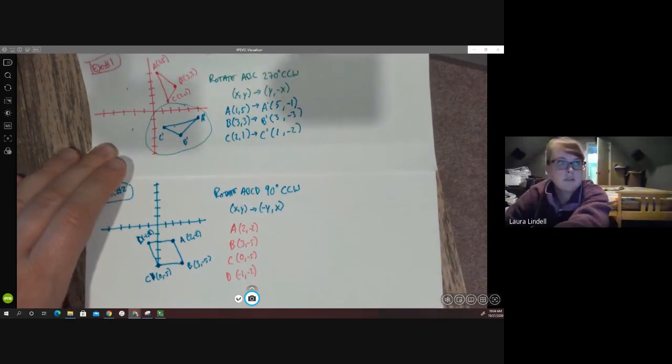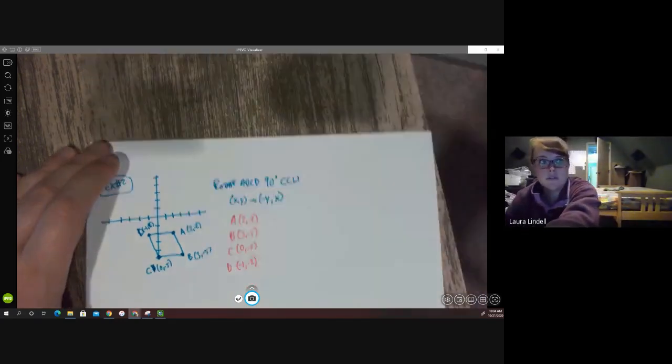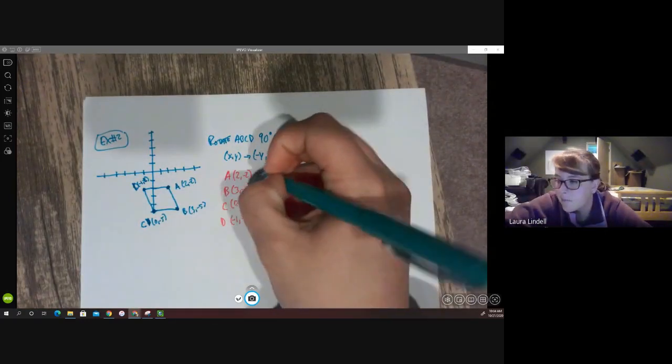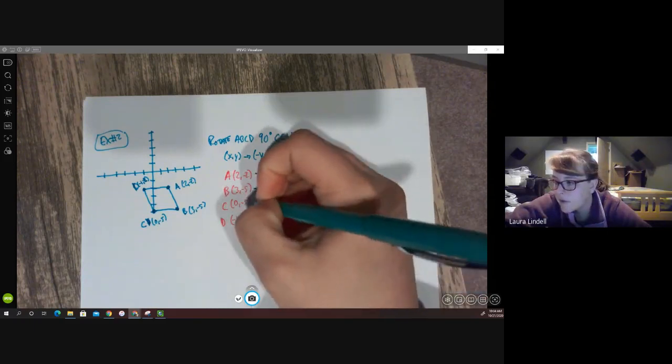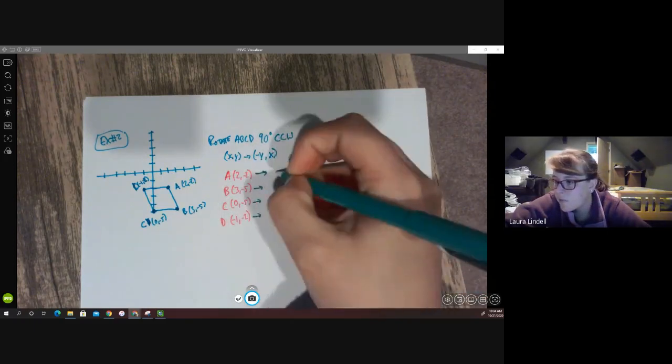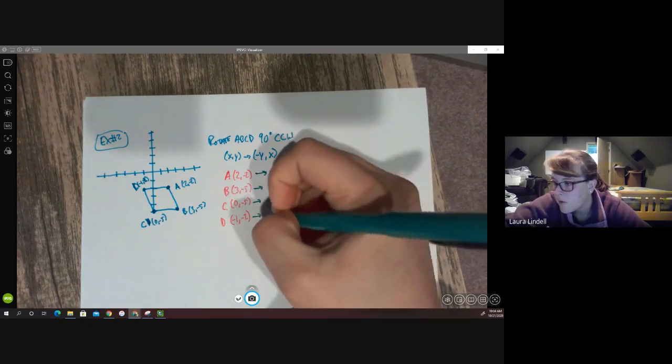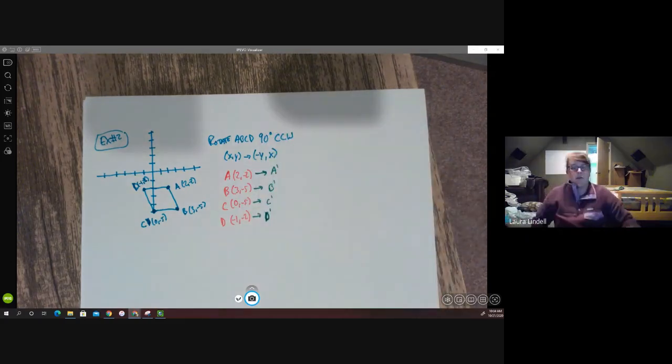So those were the ones that we're starting with. And then we are going to change them to A prime, B prime, C prime, D prime.